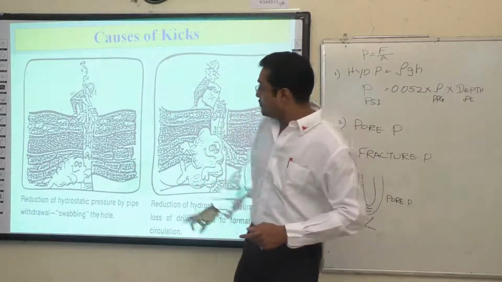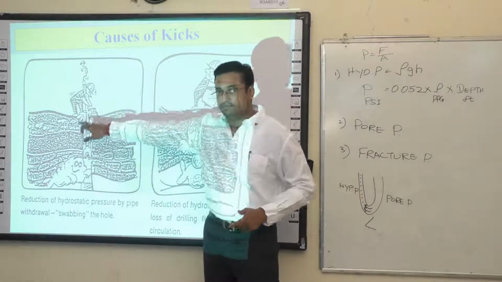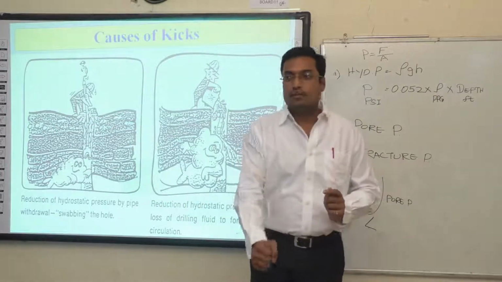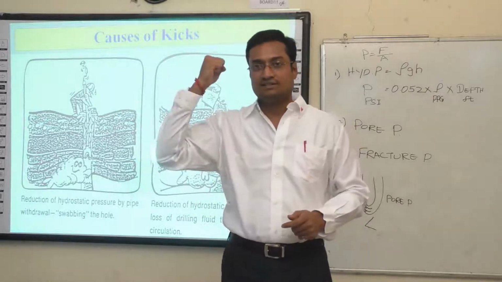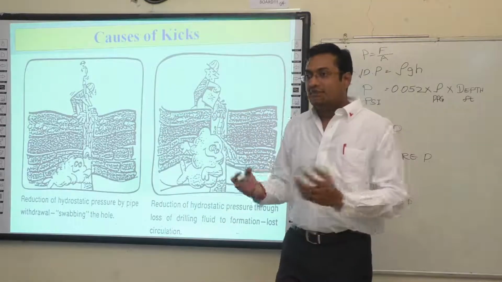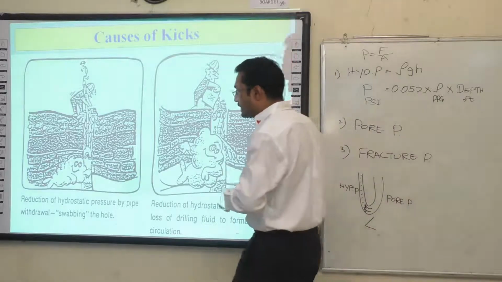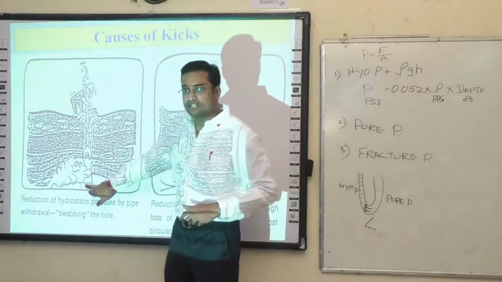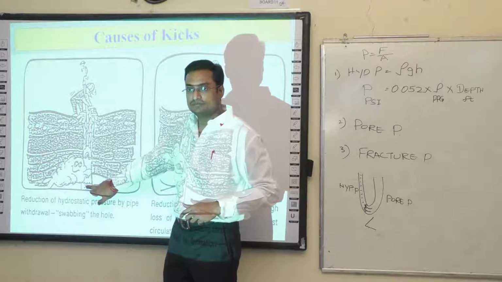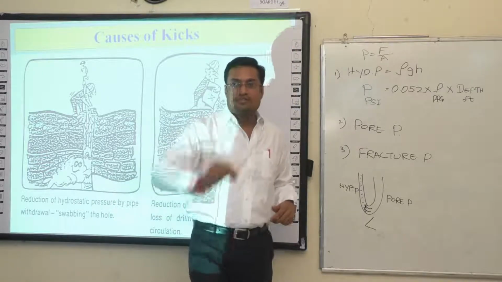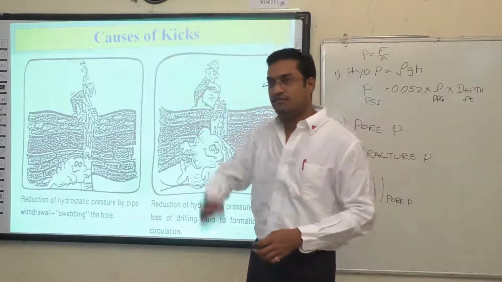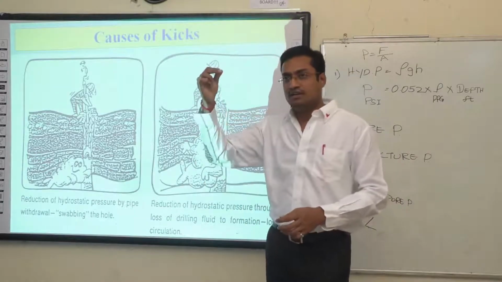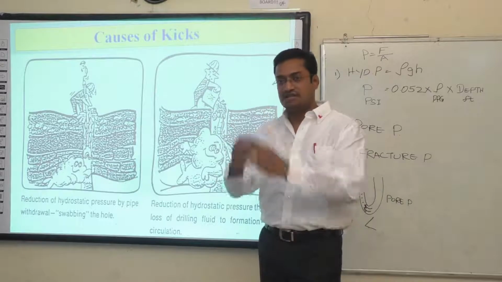At that time, when you are pulling the pipe from the wellbore, if you do it faster, it will create some pressure differences. It will create a negative pressure in the wellbore. Like if you are pulling a straw from the juice bottle, if you pull it very fast, you will see that there is some disturbances.